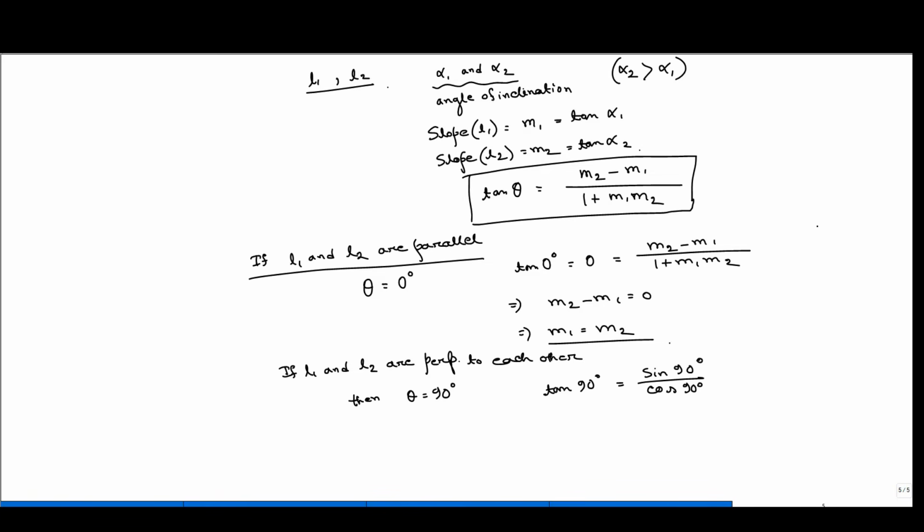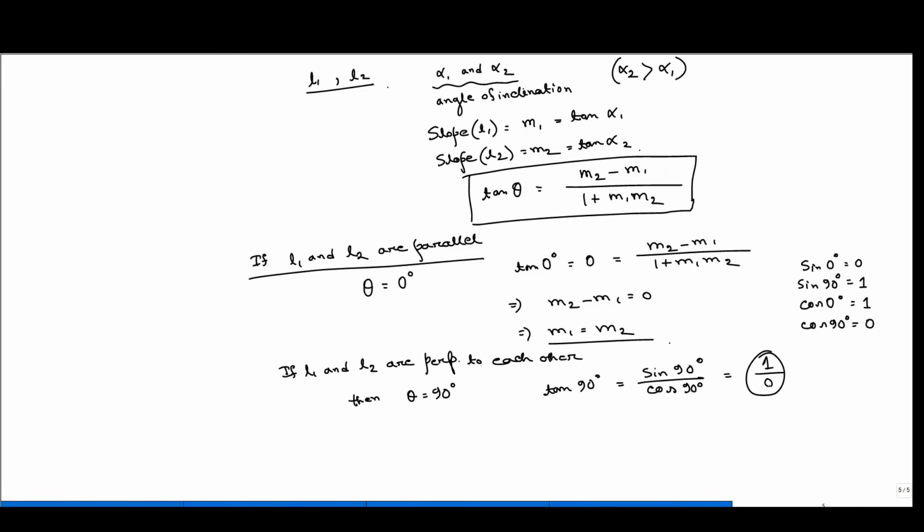Now in our high school we have seen these values. So sin of 0 is 0, sin of 90 degrees is 1, cos of 0 degrees is 1, and cos of 90 degrees is 0. So it is nothing but 1 by 0.